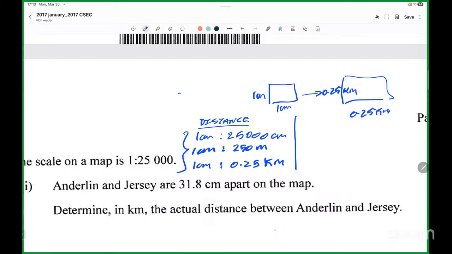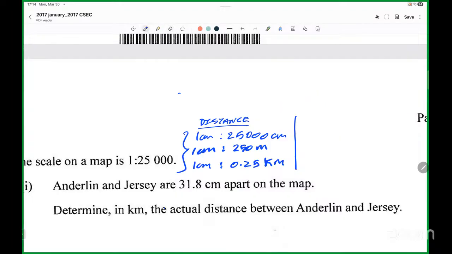So if we want to work out this area, we multiply the 0.25 by the 0.25 on the actual land, while on the map it will be 1 centimeter by 1 centimeter. And so to get the area scale from the distance scale, all you have to do is square the scale. That's all you have to do if you're going to answer questions in area.